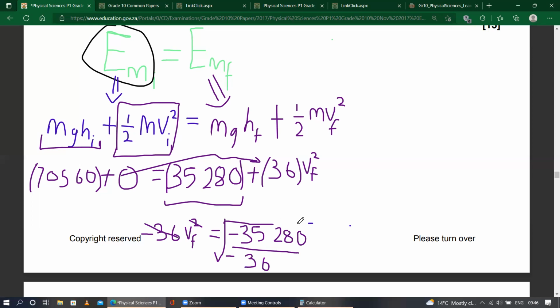I can't find my calculator next to me right now, so I just used my phone and I got 31.30 meters per second.